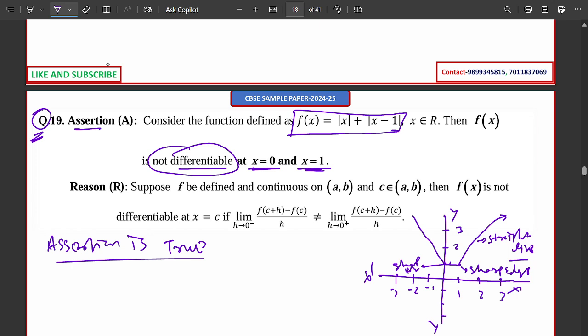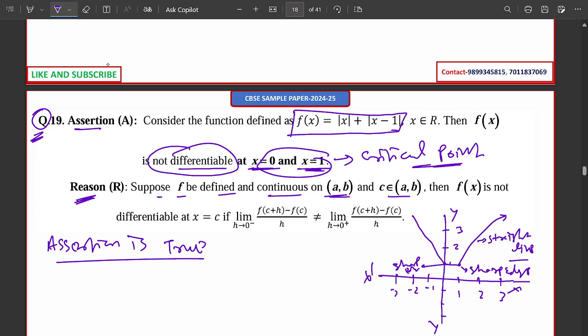And now let us discuss whether the reason is true for the assertion or not. Because these 2 points are critical points, we have to check both of them. Now suppose f function is defined and continuous on AB, and f of x is not differentiable if x is equal to c.